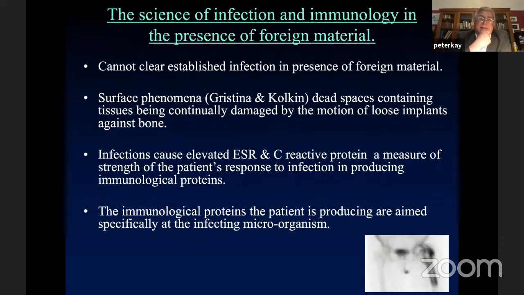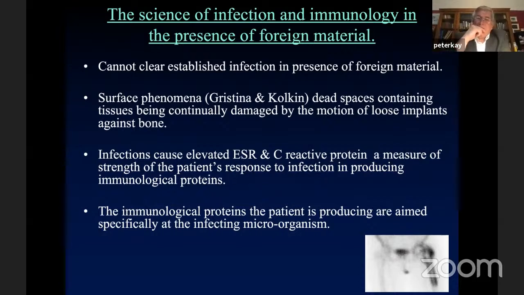Now, if you think about the science of what we're trying to do here, the immunology, okay, so we know that if we've got foreign material, it's difficult to clear infection with all the surface phenomena. And of course, there's the elevated ESR and CRP, and it's quite interesting, Alasdair's slide there, where it's considered that having a high ESR and a high CRP may not be great from the point of view of the patient.